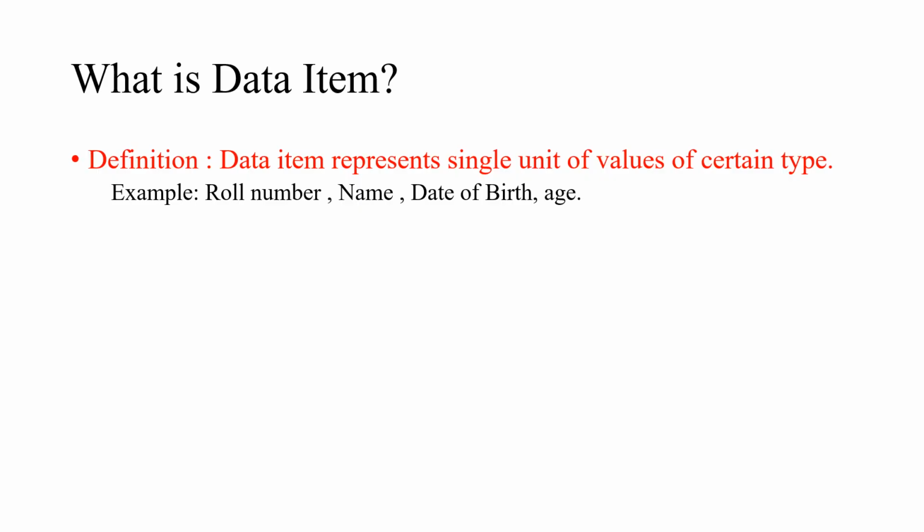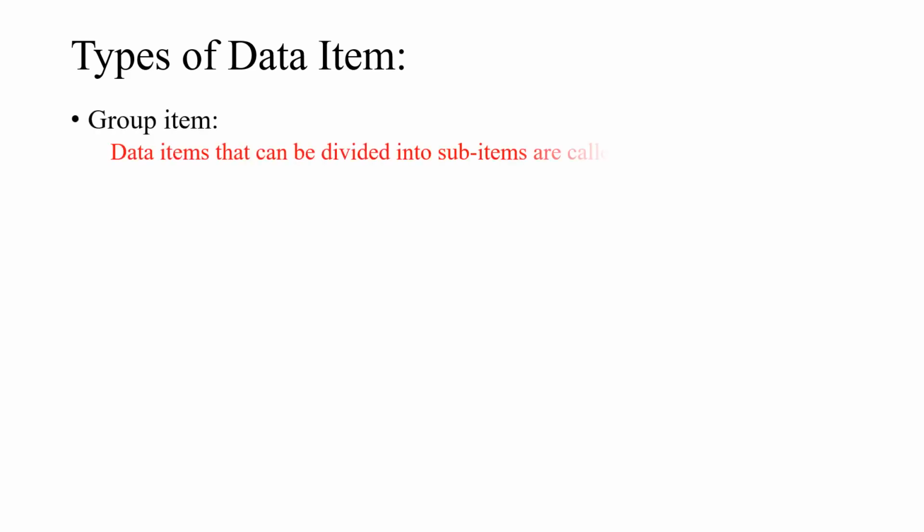For example, roll number of students, name, date of birth and age. These are data atoms. There are two types of data atoms: first, group atom and second, elementary atom. Let's understand group atoms.